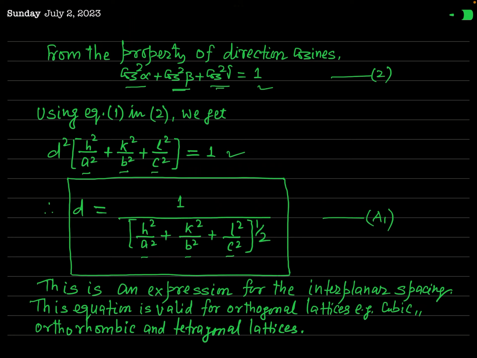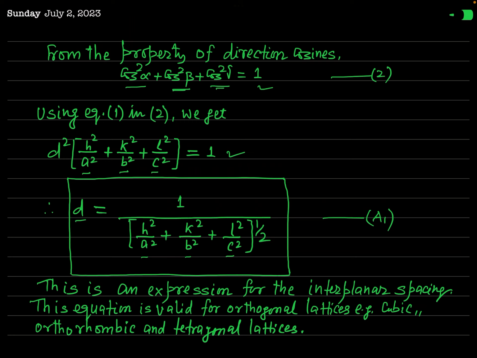This is actually the expression for the interplanar spacing, that is the minimum distance between two parallel planes of a crystal. But as we have assumed that the crystallographic axes a, b, and c are mutually perpendicular, it is obvious that this is not a general result.